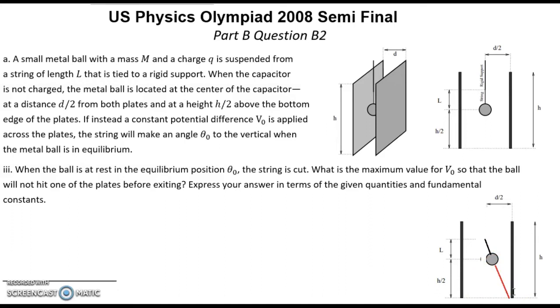So it means that we have to make this inequality. So tangent θ must be less than d over 2 divided by L plus h over 2.